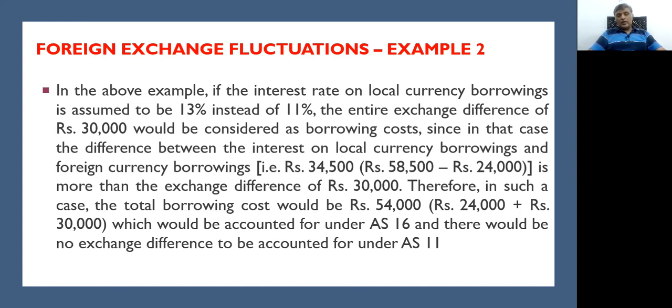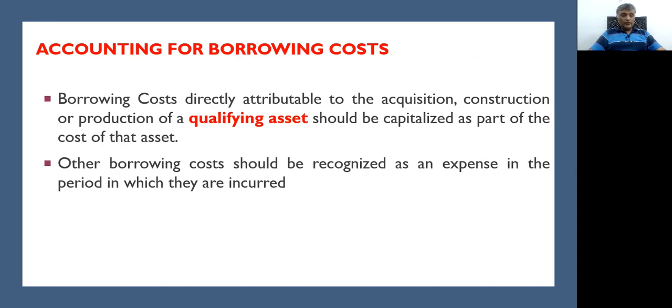Kindly go through these two examples again and again so that you appreciate how you deal with the exchange differences. In the first example, one part goes to AS 16, another part goes to AS 11. But in the second example, the entire exchange difference has been accounted for under AS 16 and not under AS 11. Okay, so that's important.